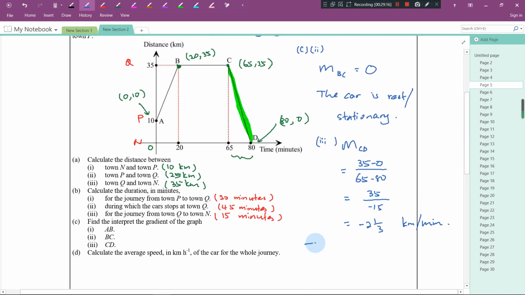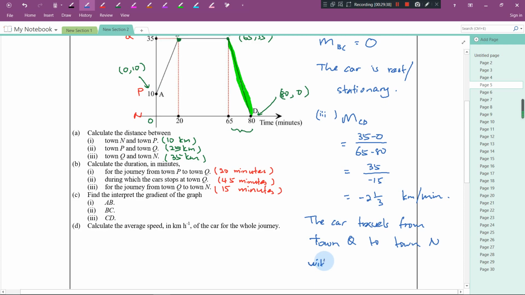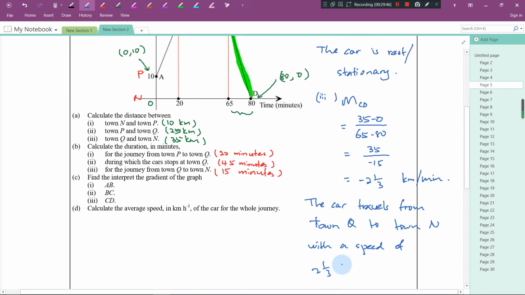So the car travel from town Q to town P with a speed of, okay, don't write the negative, 2 and 1 over 3 kilometer per minute. So if you don't want to use this answer, you can give your answer in decimal 2.33.